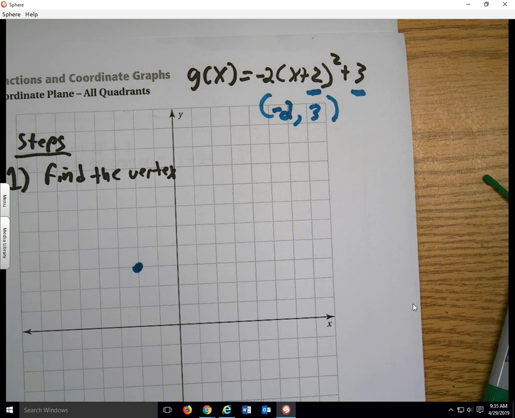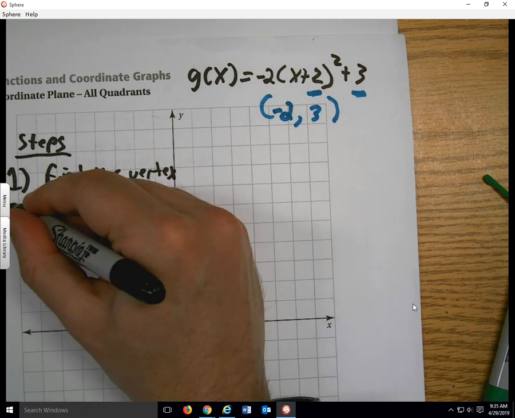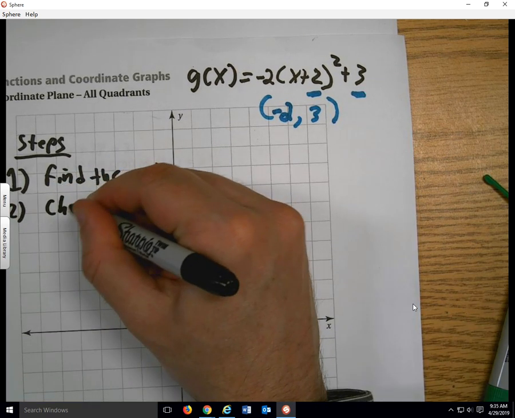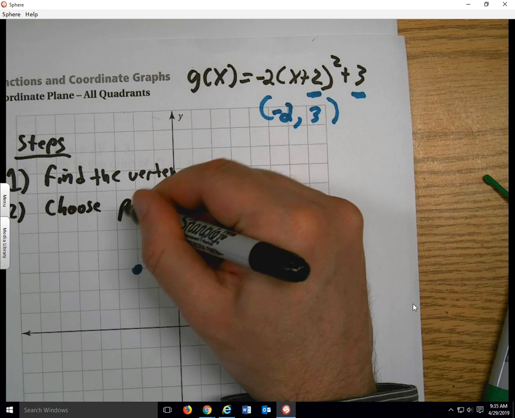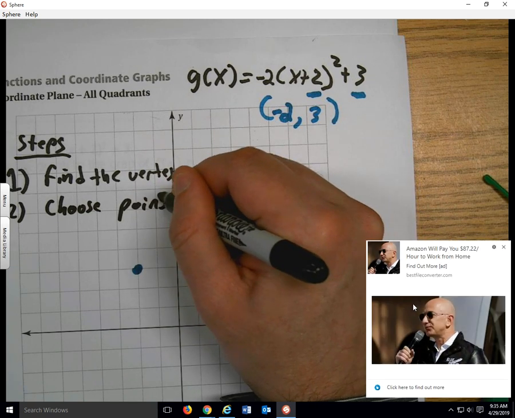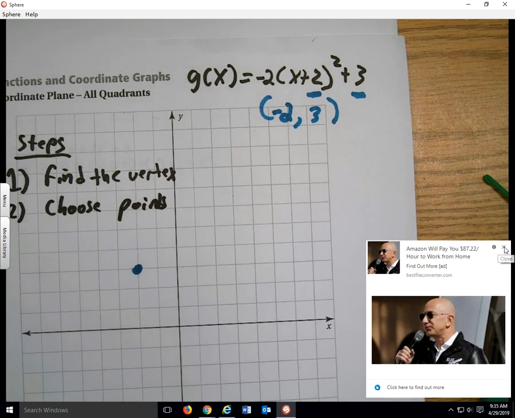Okay, so after we do that, we'll choose points and substitute and solve those points. So let's write that down as a step. Choose points.